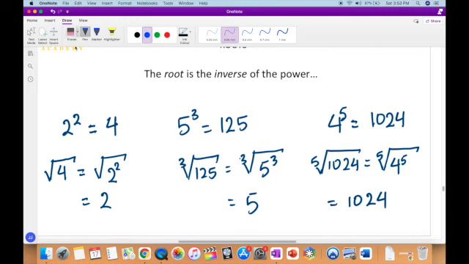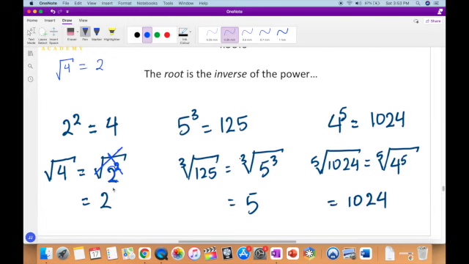So if I have the square root of 4, the question I am asking here is, what number that if I multiply it by itself will give me 4? And the answer is 2. Right? Remember, 4 is actually 2 squared. So it's kind of like the square root and the squared are cancelled.